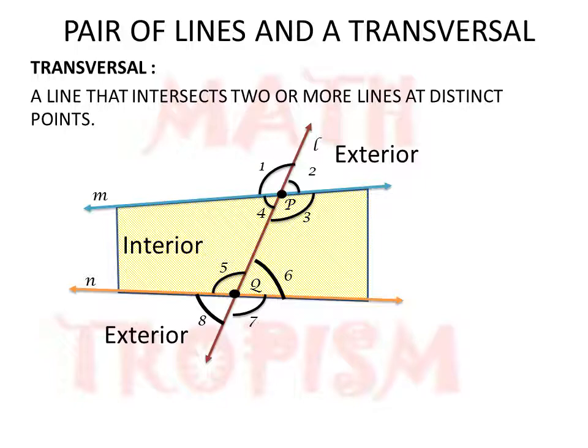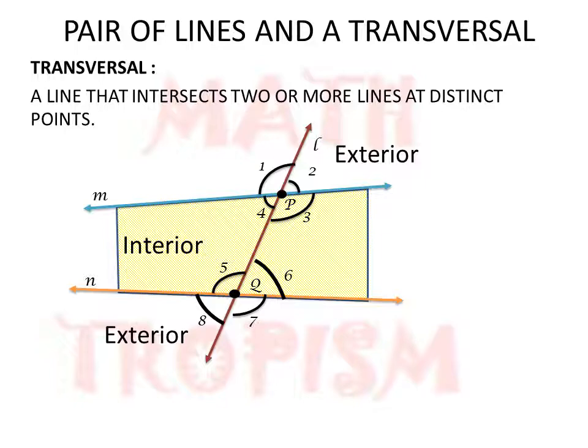Now there are different names given to the angles which we have just put. First is exterior angles. The angles which are present in the exterior part of both the lines cut by a transversal are called the exterior angles. So we can see in the exterior region, angle 1 is there, angle 2 is there, angle 7 is there, and angle 8 is there.